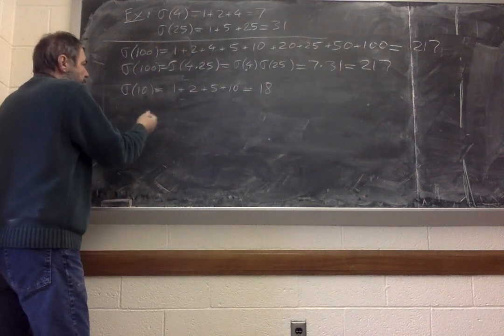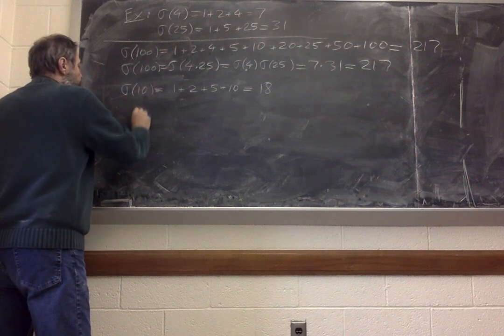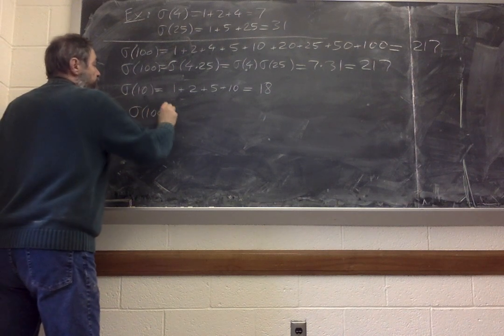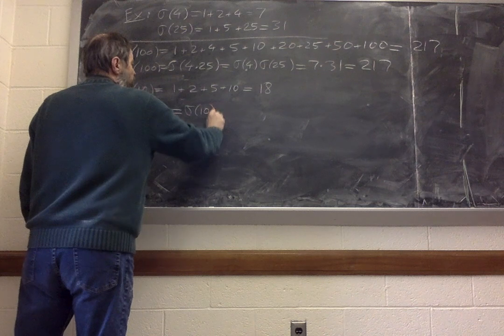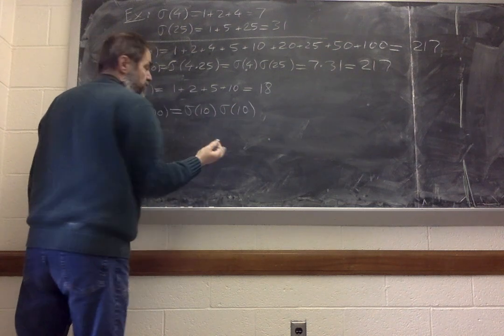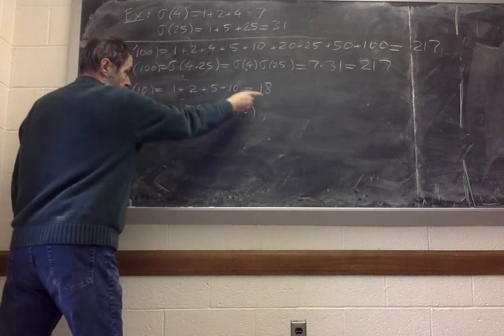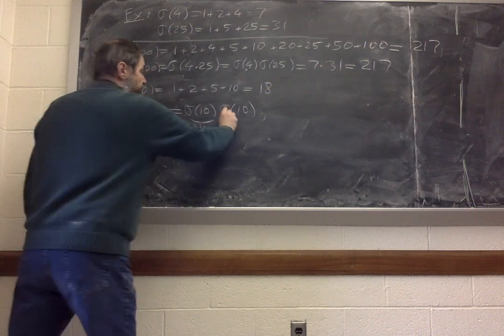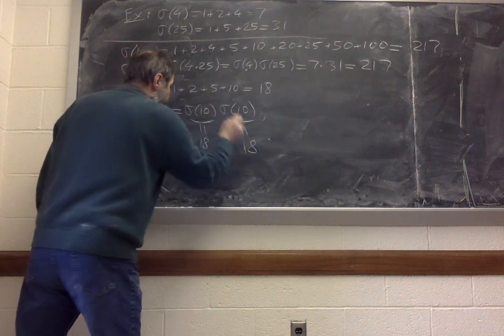But I cannot claim, and it's simply not true, that sigma of 100 is equal to sigma of 10 times sigma of 10. In fact, this is just computed, and it's 18. This is another 18.